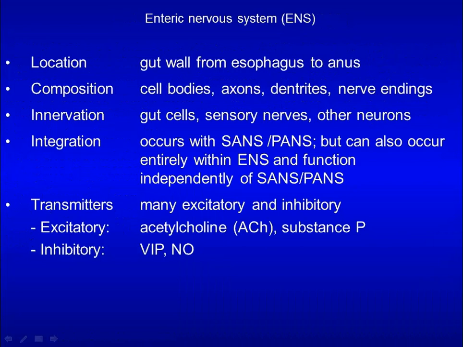Here's a summary of main features of enteric nervous system. It lies entirely in the wall of the gut, beginning in the esophagus and extending all the way to the anus.